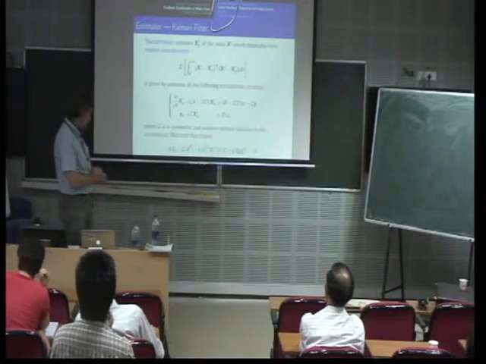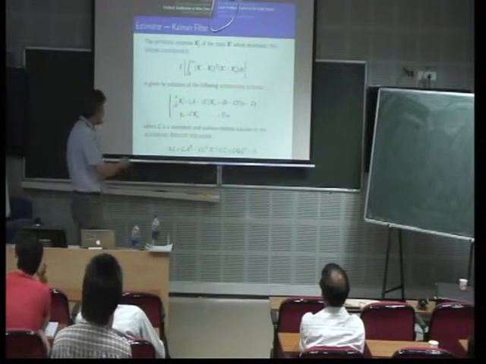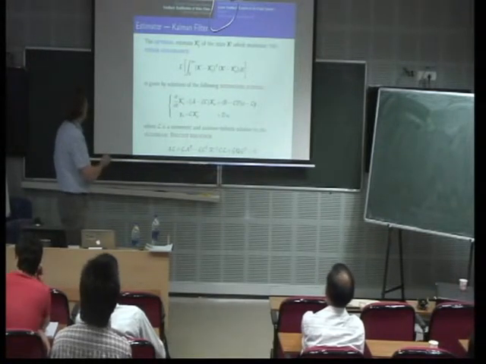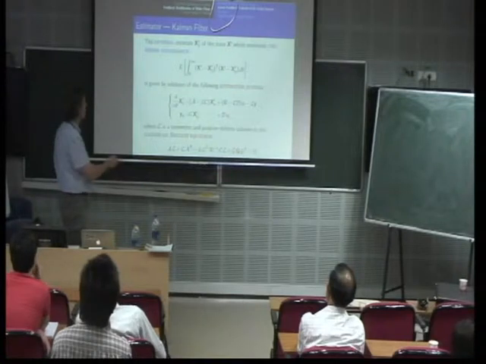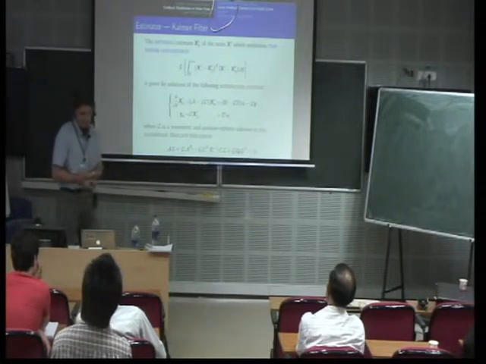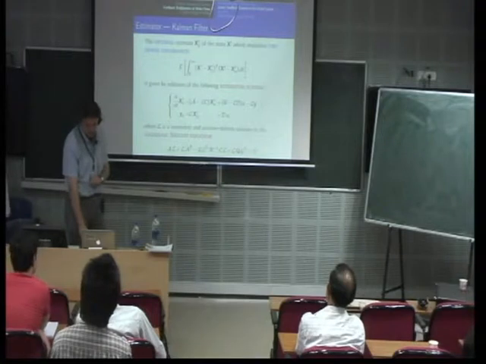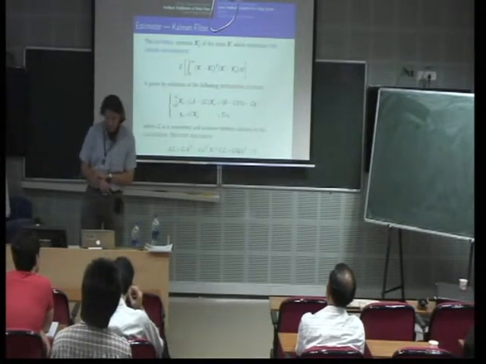And likewise, we have a similar result concerning the state estimation. So the optimal estimate, which minimizes the error covariance given by this expression, is given by the solution of the following estimator system, where the feedback matrix L is obtained by solving this algebraic Riccati equation, which again can be done very easily in this problem.